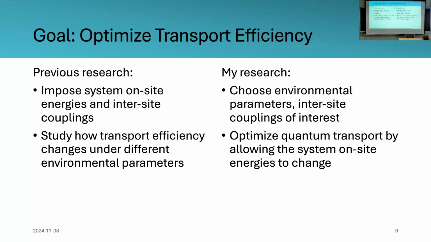However, I instead am going to fix an environment, and also just to limit my number of free parameters, I'm also fixing inner site couplings, and I'm allowing the on-site energies of my one-dimensional chain to be my free parameters that I change with the optimization.